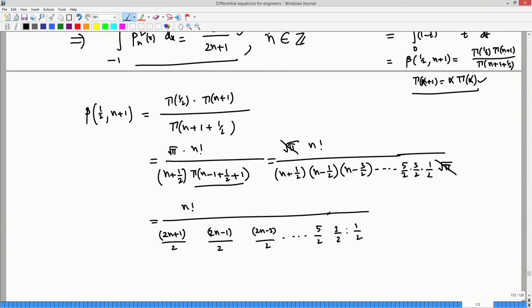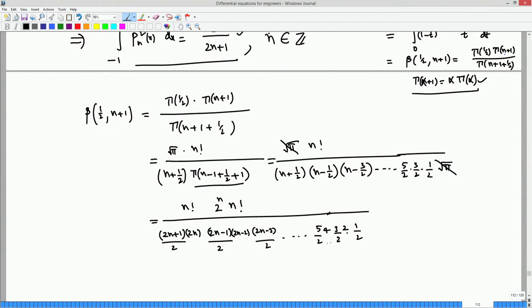In between you add 2, 4, 6, and so on. You have here 2n minus 2, you have 2n. So, what you added is 2, 4, 6, 8 up to 2n, that is actually 2 to the power n into n factorial. And you see this, how many are there?